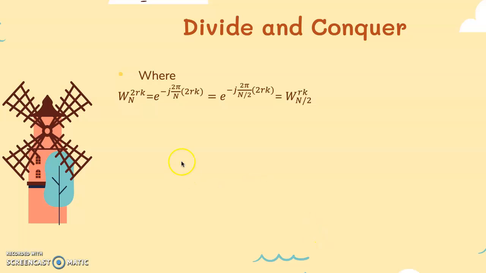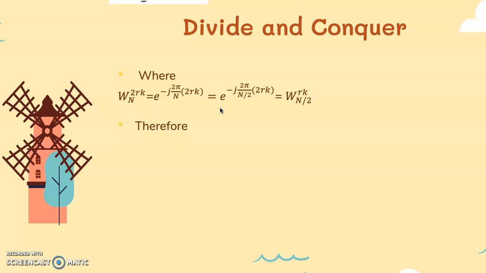Okay, where W_N^(2rk) is equal to e to the power of minus j 2 pi over N times 2rk, which equals e to the power of minus j 2 pi over N/2 times rk, so it becomes W_(N/2)^(rk). When you solve this, you have to use Euler's equation.